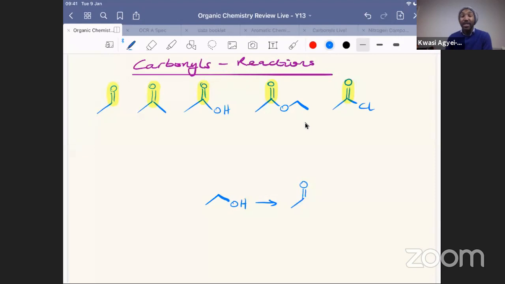Depending on how much oxidizing agent you use, if you use 2 equivalents of your acidified potassium dichromate, you could oxidize that all the way to the carboxylic acid.